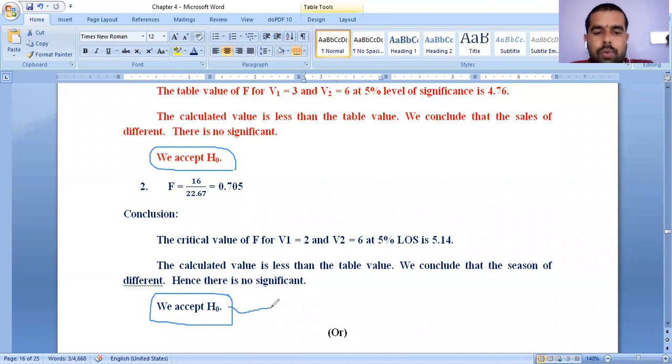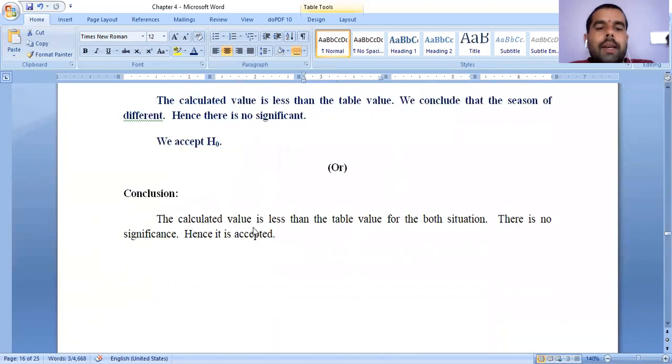If this type of situation arises, then what you have to do is simply write only one conclusion. That is, the calculated value is less than the table value for both the situations. There is no significance, hence it is accepted. You have to write in this way.